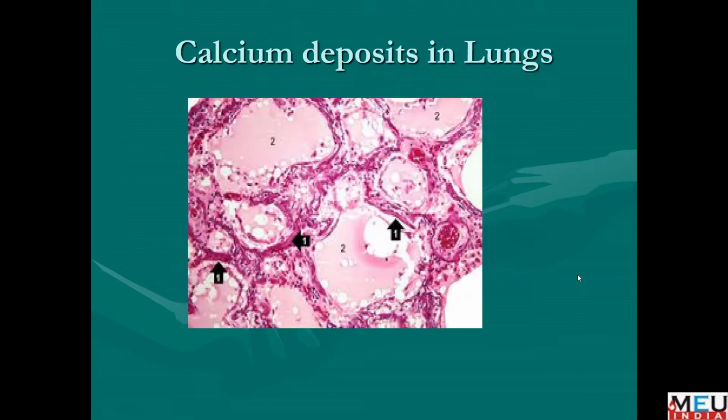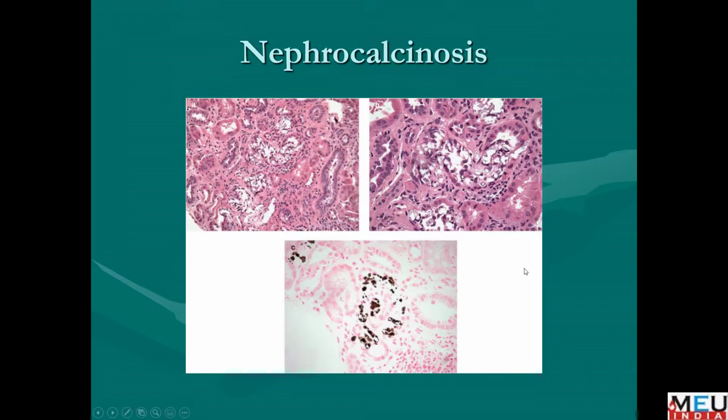Calcium deposits in the lungs. Now, this is a slide of nephrocalcinosis where we can see deposition of calcium in the tubules, along with the von Kossa stain, which makes it prominent.